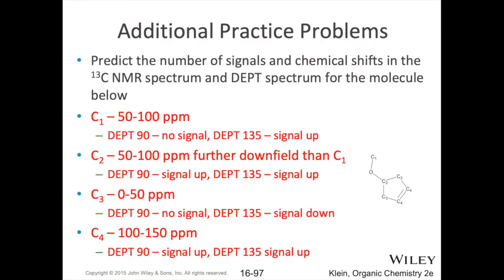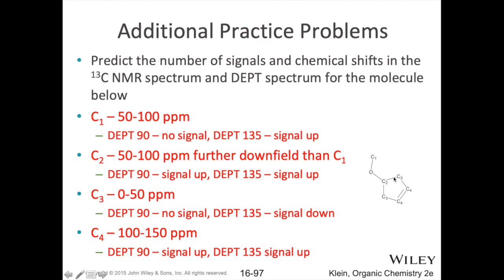Remember with DEPT 90 and DEPT 135, some of your signals either disappear or are changed. In the case of DEPT 90, remember it's only methine carbons that show up. So the only things that show up for DEPT 90 are carbon 2 and your carbon 4s, which have 1 hydrogen coming off of them.